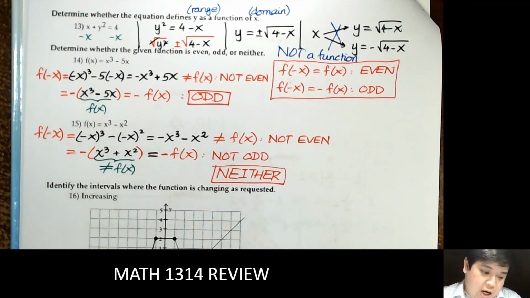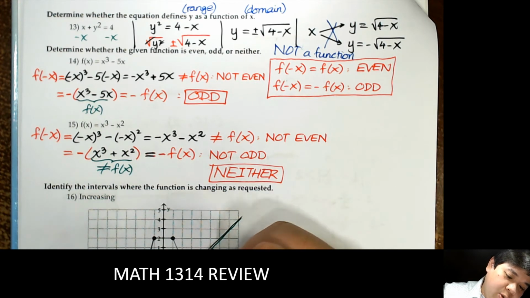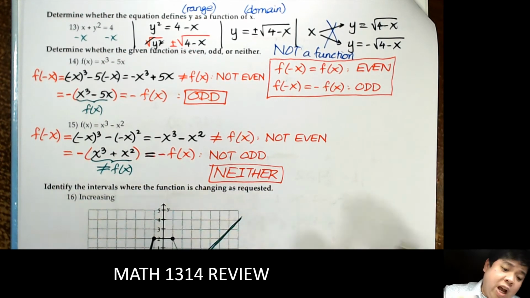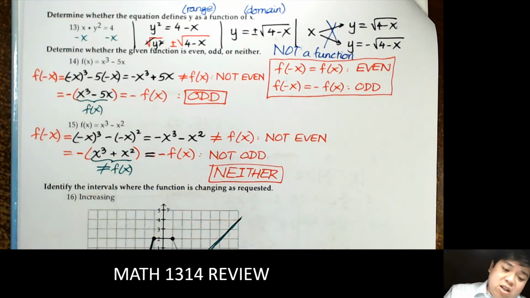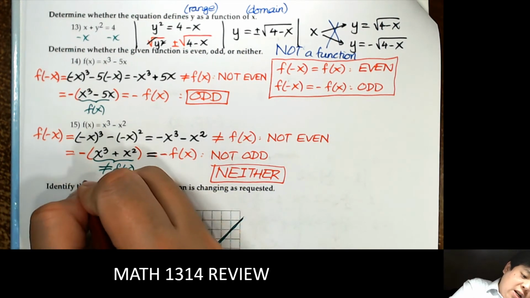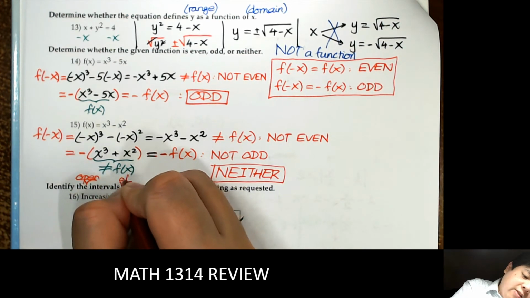Right. Next we have whether a function is increasing or decreasing or constant. The function is increasing pretty much where it's going up. So here and here. So obviously it's easy to see where it's increasing. However, when we write the answer, it's always an open interval of x.